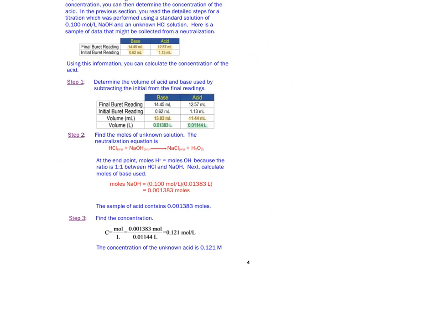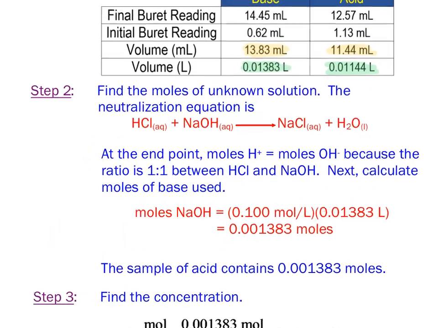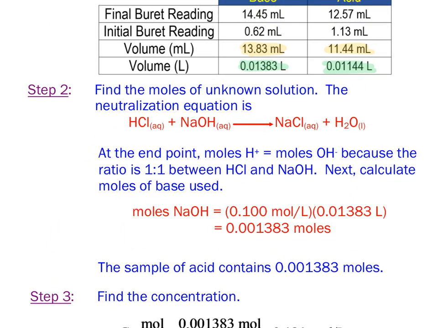Then we need to find the moles of the unknown solution. So we need to go ahead and write out the neutralization equation. And the important thing that we see when we do that is that there is a 1-to-1 molar ratio with hydrochloric acid and sodium hydroxide.